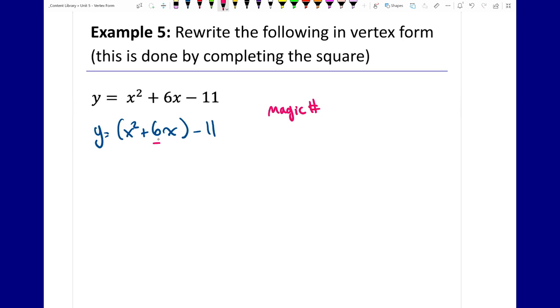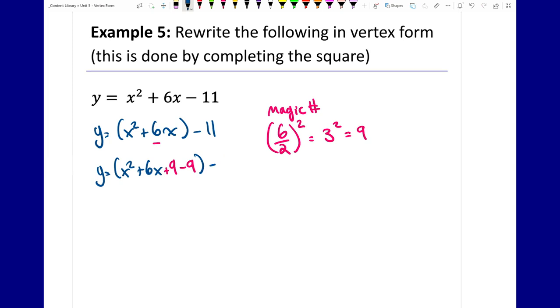So I'm taking that b value, that second value in the bracket, dividing it by 2, and then squaring it. 6 divided by 2 is 3, and then squaring it, I get 9. Once I find that magic number, I'm going to add it and subtract it inside the bracket.